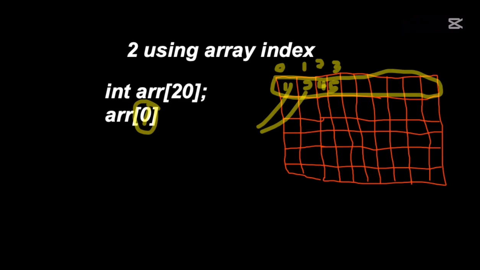So this is how we assign values using index. So here you can just say this equals 6, then the next one, 1 equals 5. Just like that, this is going to work. So this is valid using array index.